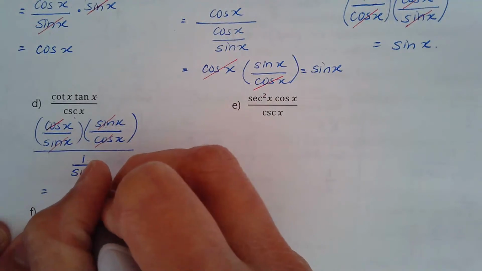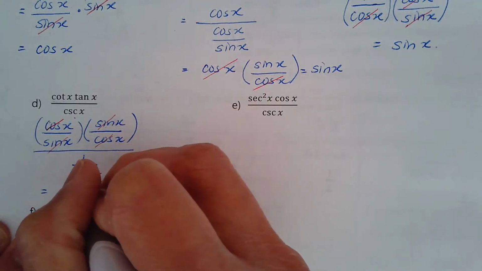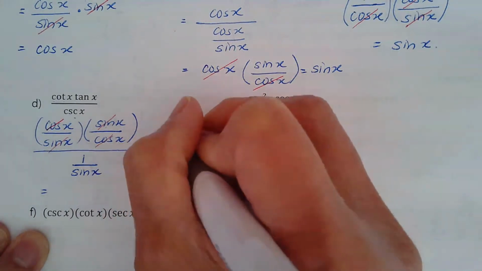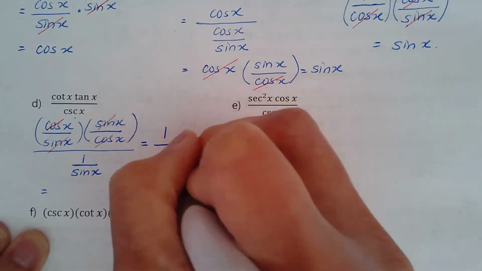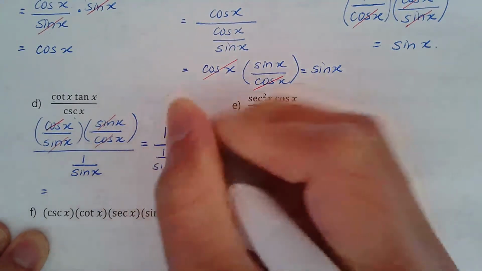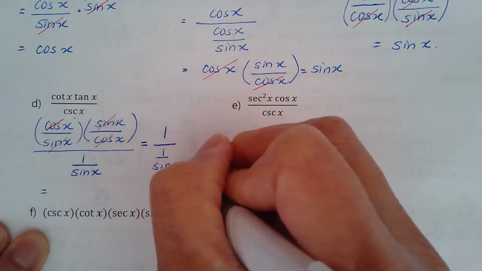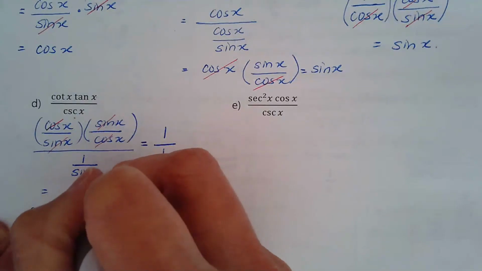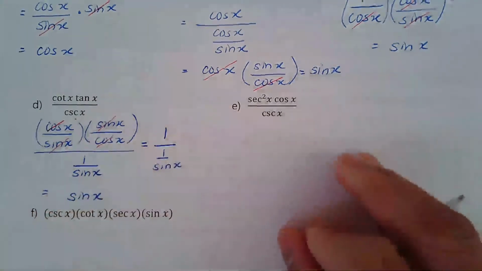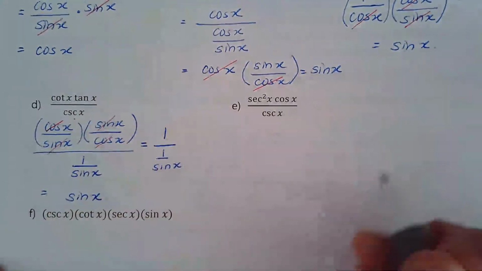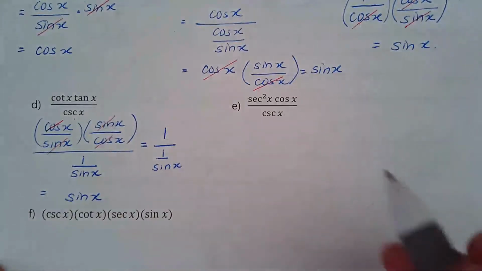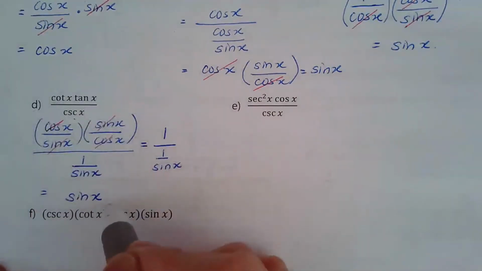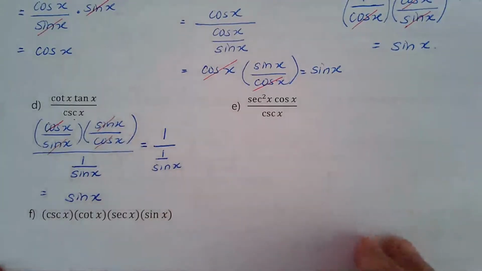So that becomes 1 divided by 1 over sine of x, which is going to be sine of x. Okay, so all of that really just boils down to sine of x.